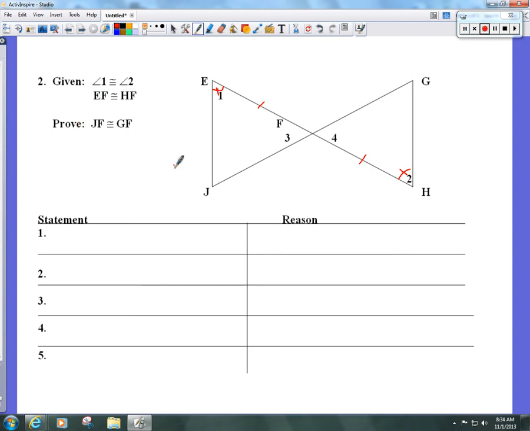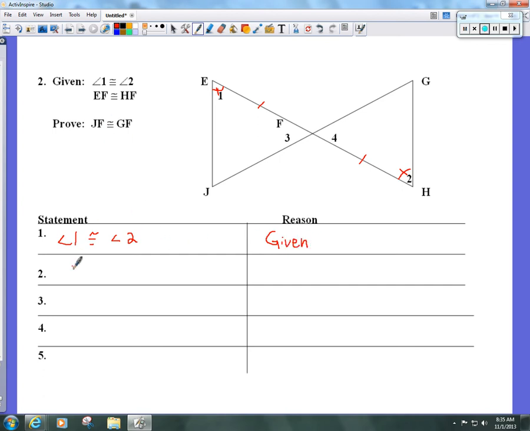The only information you're allowed to use is your picture and what you're given. I don't know that this is a midpoint of anything, so I can't say that. But the very first thing I have to do is write down what I'm given. So I know angle 1 is congruent to angle 2, and the reason I know that is because it's given to me. So I'm just going to label that given.